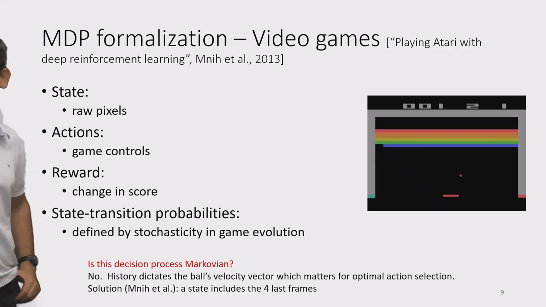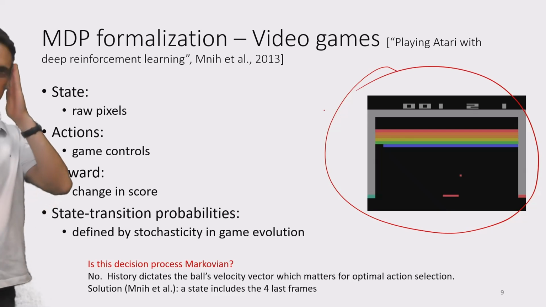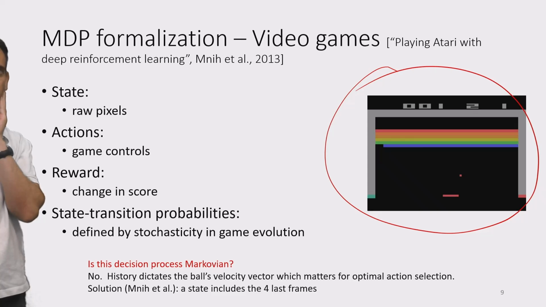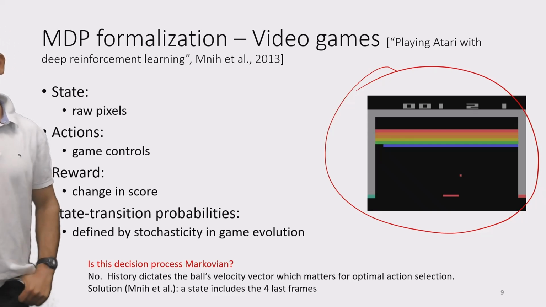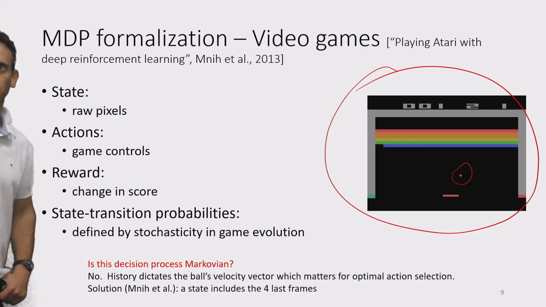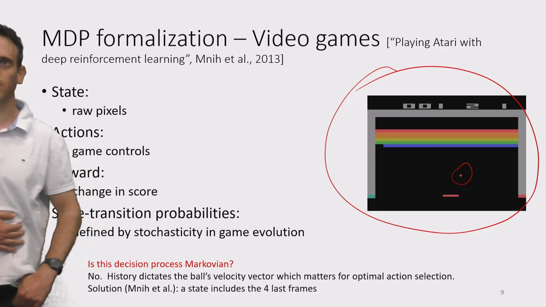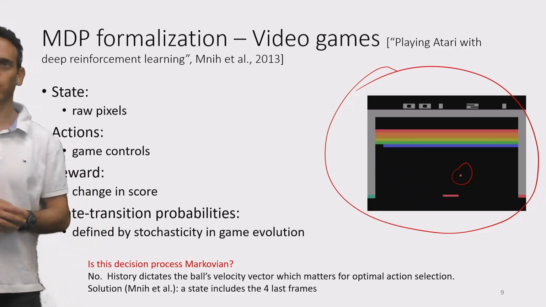So we've discussed this specific game before, right? The breakout domain here on the right. And I'll just remind you that if we include just one frame of the game, the current frame, this is not a Markovian decision process, because history, previous states, previous frames will determine the velocity vector of the ball, which is very important in order to optimize your policy and in order to define the transition probabilities for the next state.